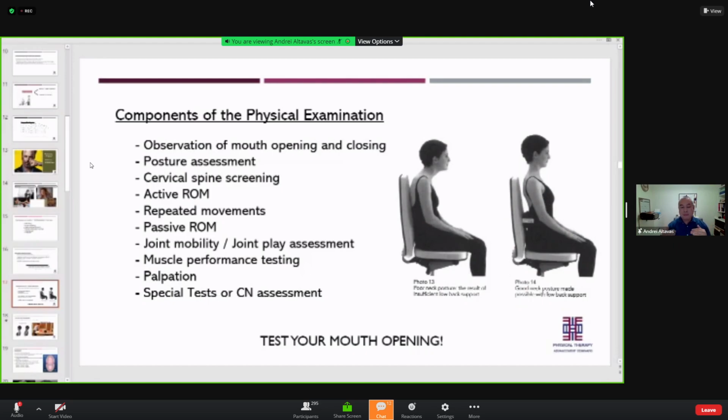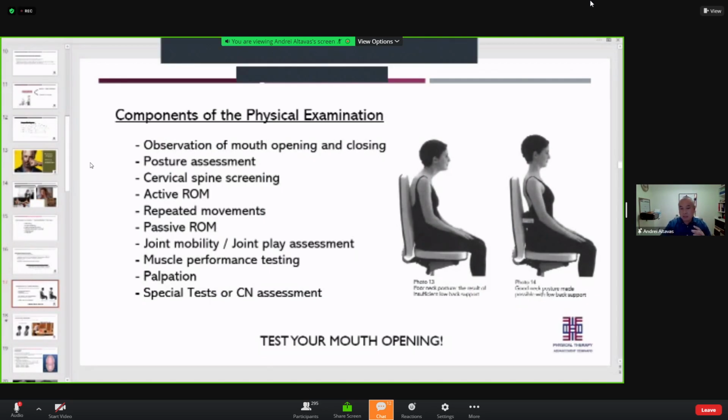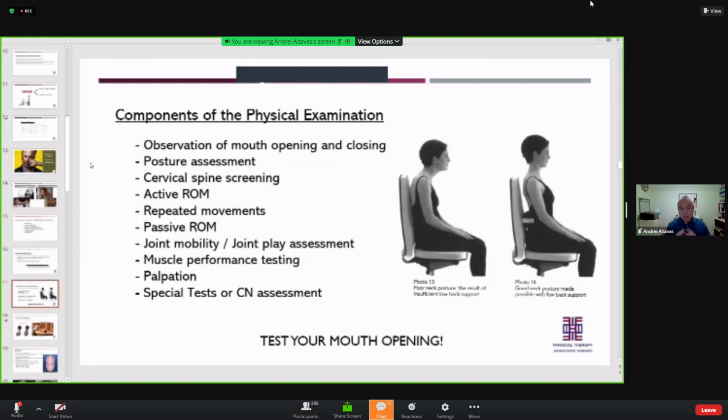Repeated movements, passive range of motion. We need to be able to do a joint mobility assessment or joint play assessment, muscle performance testing or simply your manual muscle test, and palpate those structures.